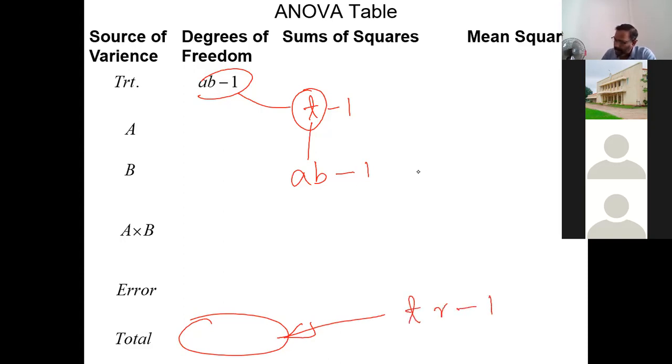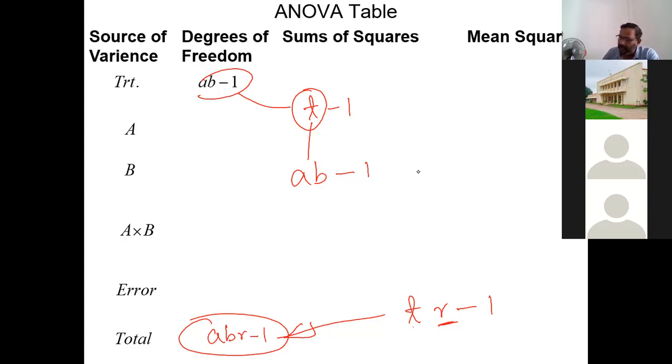Now tell me, what is the present degrees of freedom? R is already there. Instead of T, what can we write? AB. So now we can write ABR minus 1 in simple form.